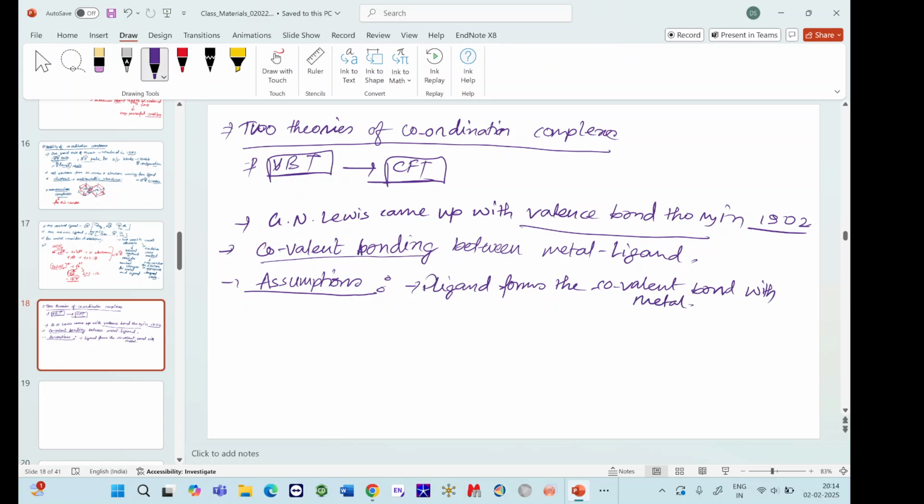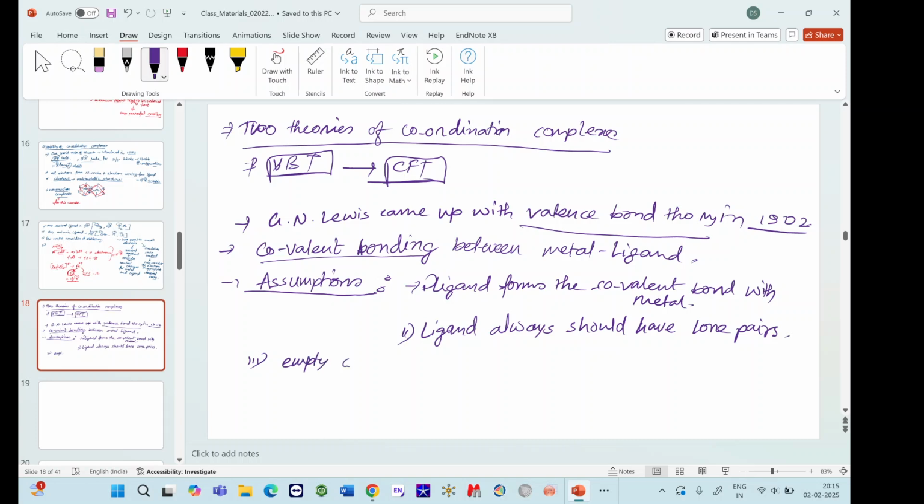Metal ligand always should have lone pairs. Okay, and then as ligand is donating, there must be one orbital in the metal that can accept those electrons.